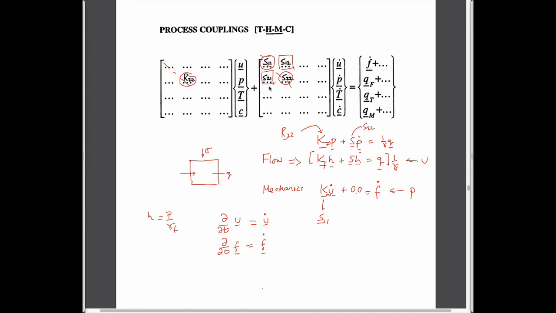Yes, go ahead. For the flow equation, we divide the total equation by gamma fluid. Below the equation, the pressure head over gamma fluid is equal to P. No, okay.